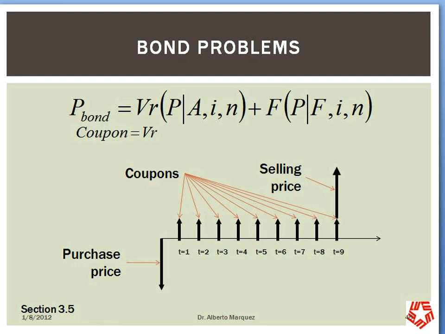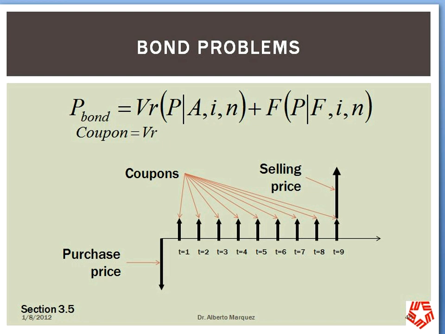So those are the situations, and the present value, that would be the purchase price of the bond, would be the coupon, which is the face value times the bond rate, times P given A. For the yield, the interest rate that we need to use here is the yield, and the number of periods left until maturity, plus the future value, the selling price that we're going to get.